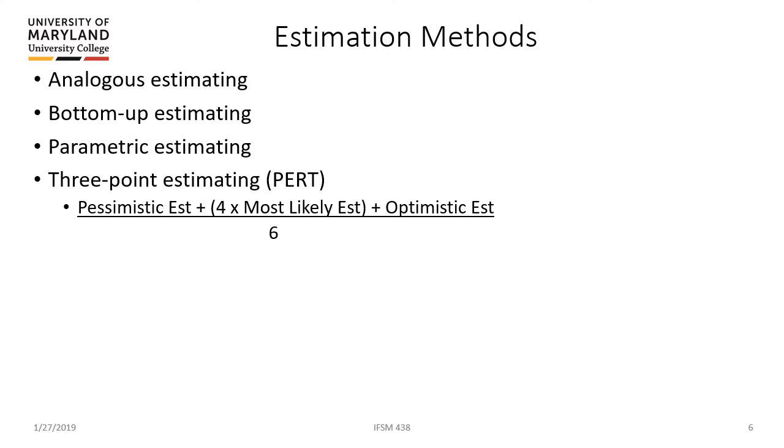Parametric estimating is a way of looking at a task if it can be simply repeated over and over again. And then you can use what the cost of one part of it is to estimate the total. So for example, if you were building a road and it takes your road building team, let's say, 5 days, and it costs $50,000 to build 200 meters of road.